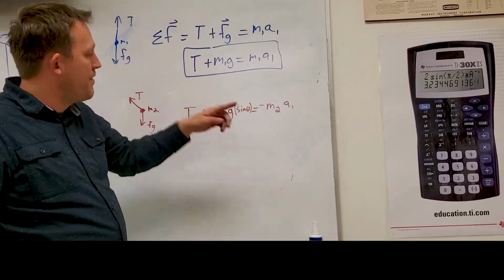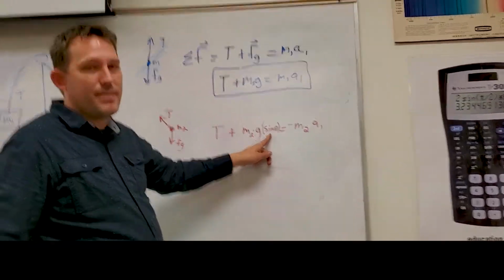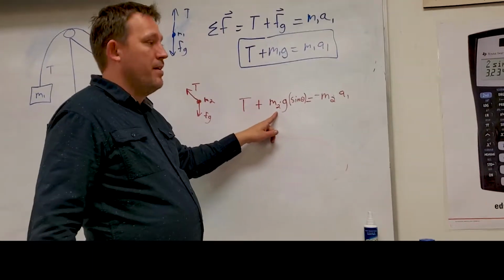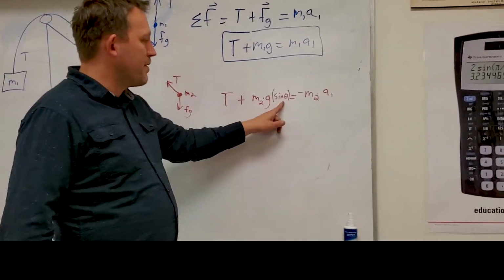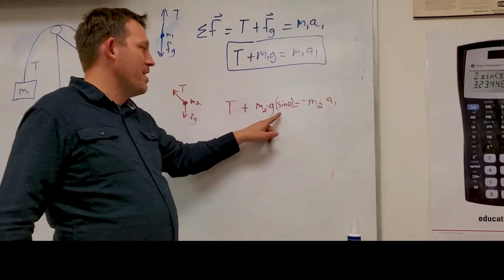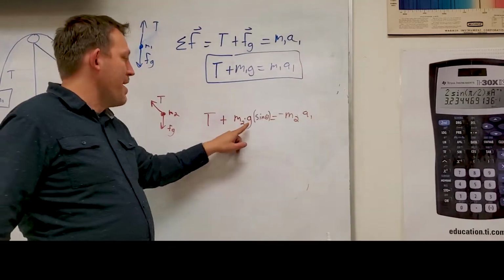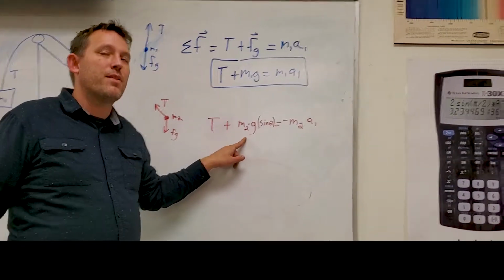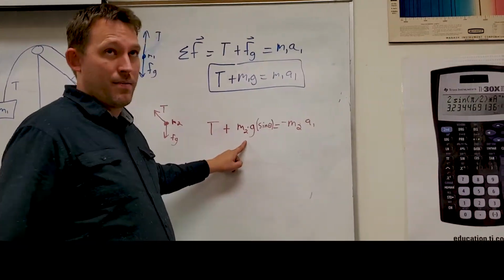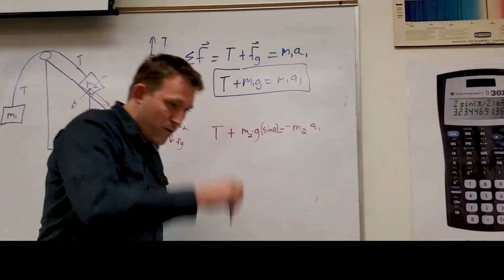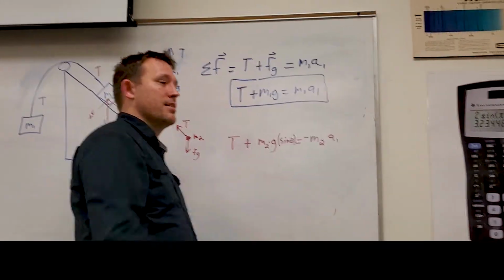Because we're pointed a little off, this number is going to be some decimal that's going to reduce this total. If you get an answer where this sine of theta makes this number larger, we've messed up somewhere in the math. It should always make it smaller, unless of course it's 100% in the sine direction, which is downwards.